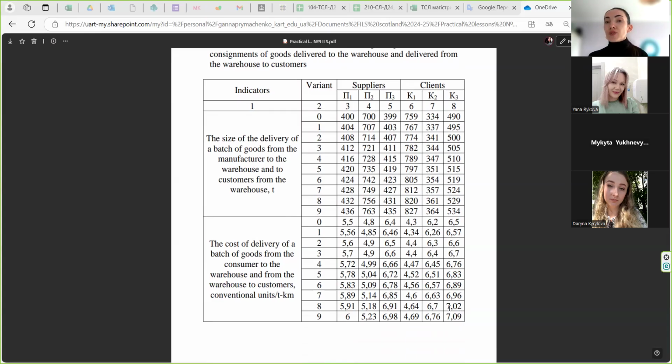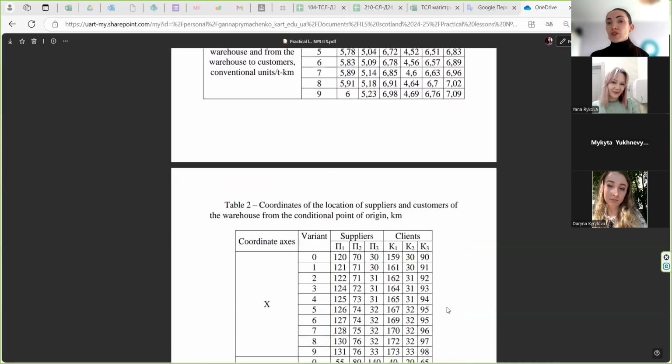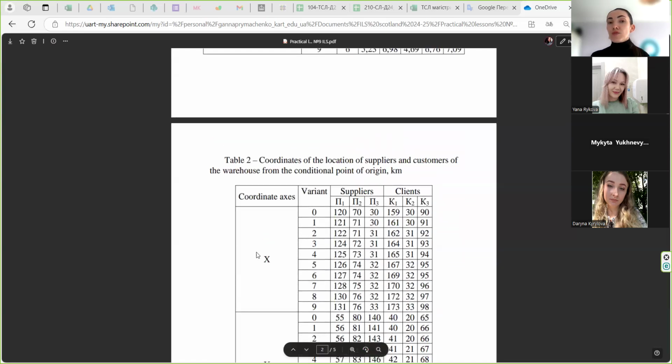Second parameter, say, is distance. I show our table 2. Only for axis X, we find distance for third client. For example, 90, 91, 92, and other kilometers by axis X and client three.